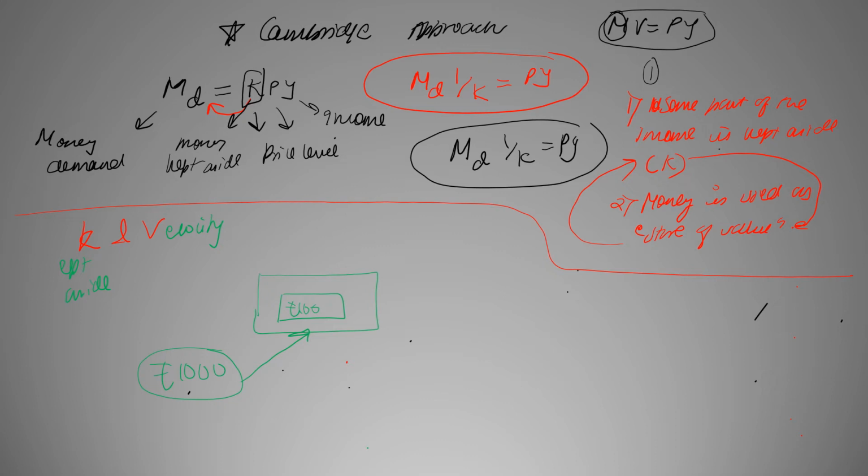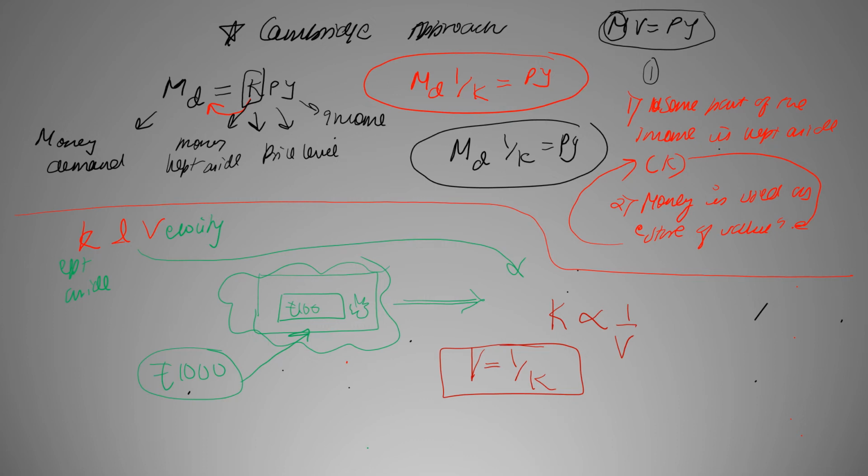So now, since you have kept it in locker, there's no possibility of using this money in order to make payments. Now, making payments was velocity, in case you remember, right? So if you store some money, then definitely the velocity is going to decline because now you won't be able to make payments using that particular money. So we have a result which is K is inversely related to velocity, or we denote it as V is equal to 1 by K, same thing. So this is the result that we use here.